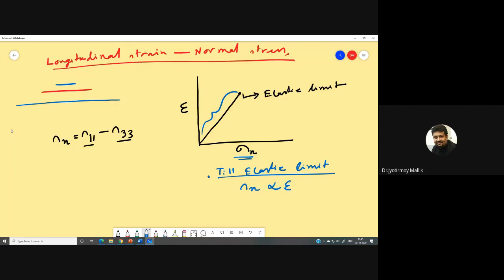And the second condition is that if we remove sigma n, epsilon will be 0. So it's a completely recoverable deformation.